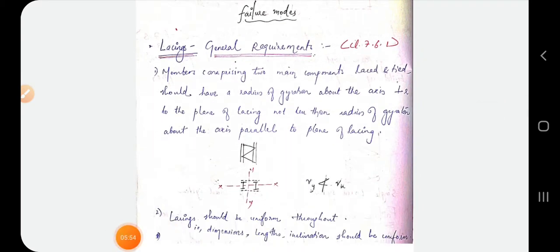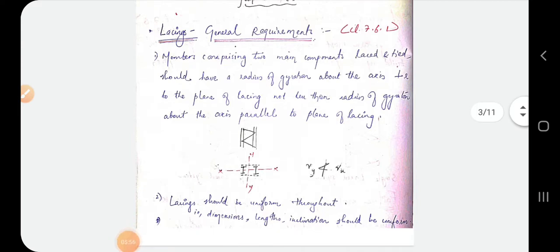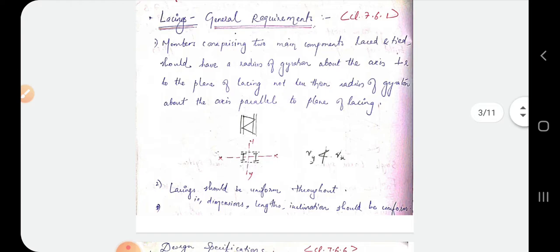Next we are discussing the main design requirements for lacings. The general requirements you can see in clause 7.6.1 of IS 800:2007.